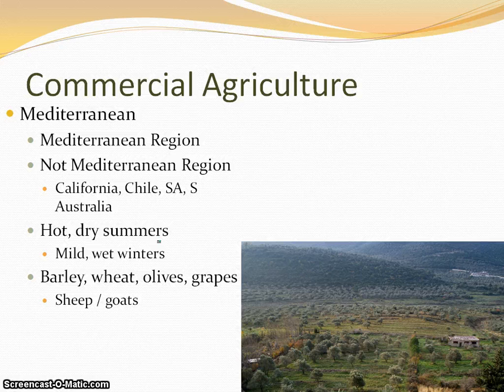We're talking about several parts of the world that have very similar climatic as well as topographical features. So we find it in places like California, parts of Chile, South Africa, as well as southern Australia.